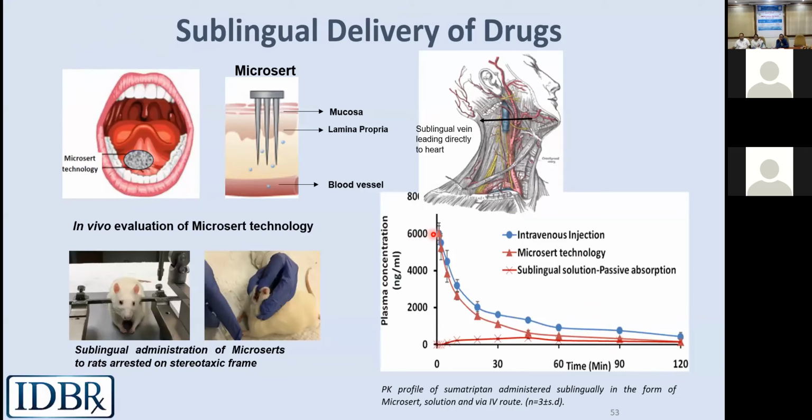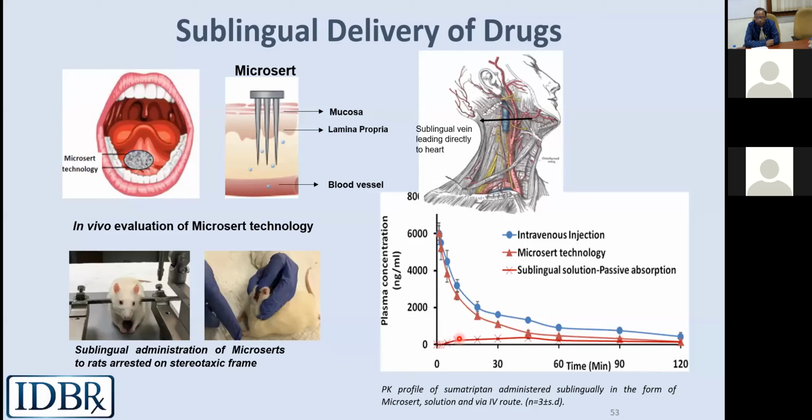Sumatriptan delivered by intravenous injection, sumatriptan delivered by our microneedle technology, were leading to almost the same level of plasma levels of drug in rat model. Basically, the sublingual solution did not deliver as much as all these other approaches delivered. So this is one of the ongoing projects right now, sublingual delivery using microneedles.